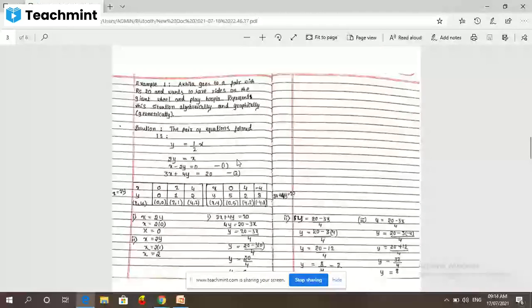Is the page visible? Are you observing the page? Okay.